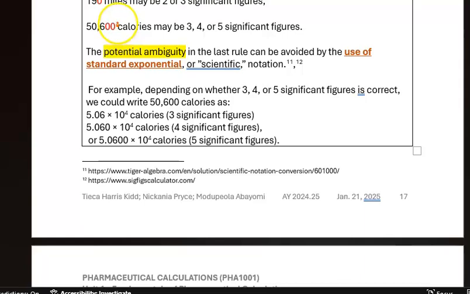Because we're moving 1, 2, 3, 4. Do you see that? The decimal place will come right here between the 5 and the 0, right? So the answer is 5.06, times 10 to the 4, because we have moved 4 places over to relocate and create a decimal point.